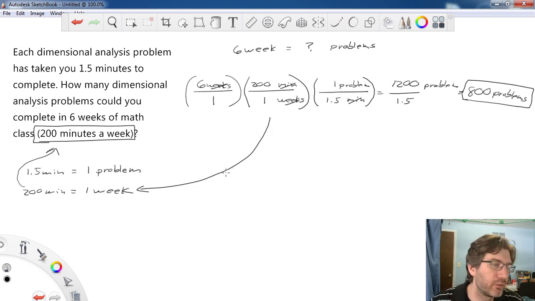Remember, the conversion ratios have to equal 1, but with different units. So it's telling you this is equal, right? 200 minutes is the same thing as 1 week, according to math class minutes, right? You don't spend every waking second in math class, right?